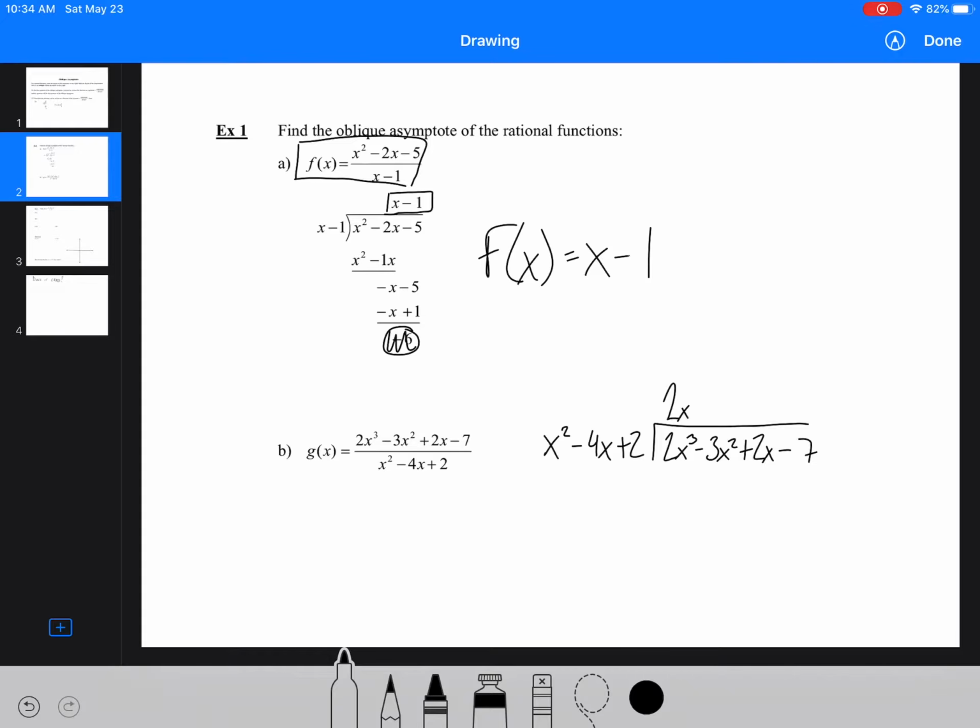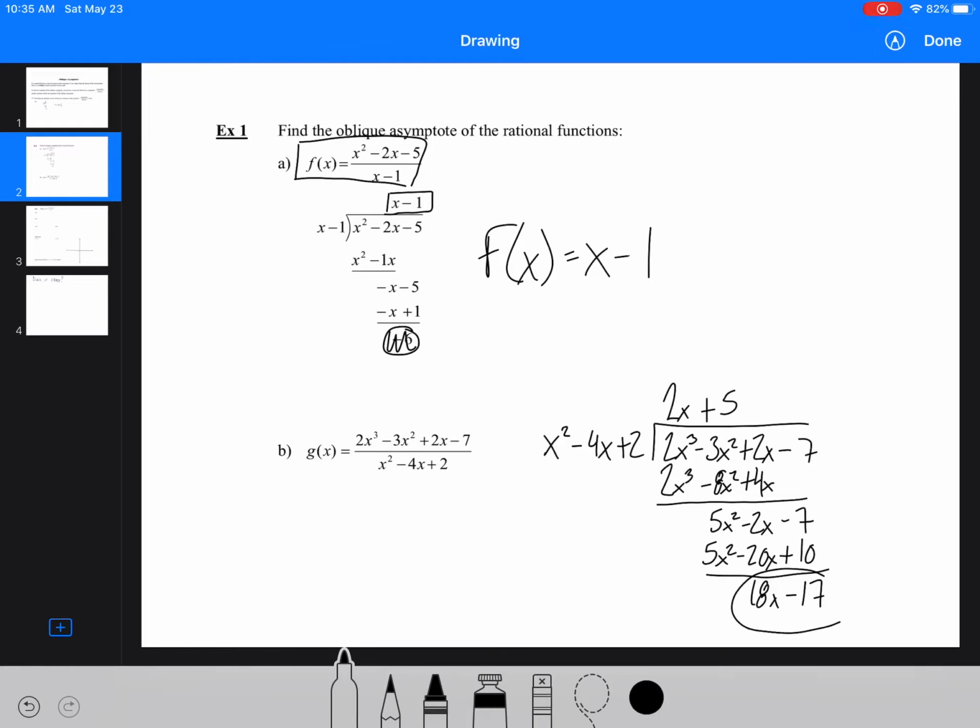So we've got 2x, so that's going to be 2x cubed minus 8x squared plus 4x. And it's subtraction here. It's different than our synthetic, so we're left with 5x squared minus 2x, bring down the 7, and then we get 5x squared minus 20x plus 10, which leaves 18x minus 17.